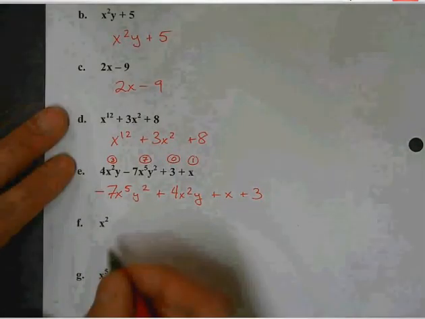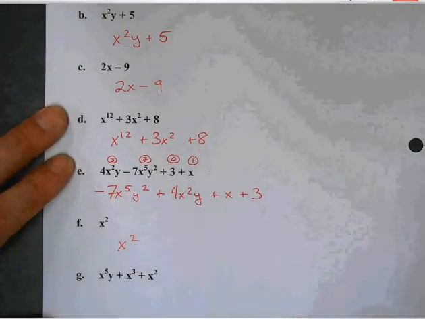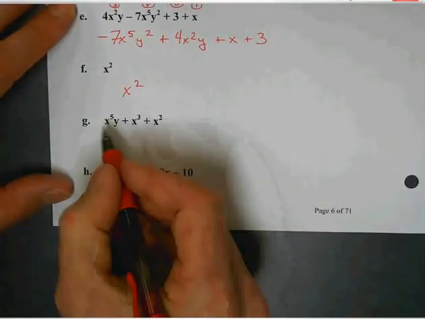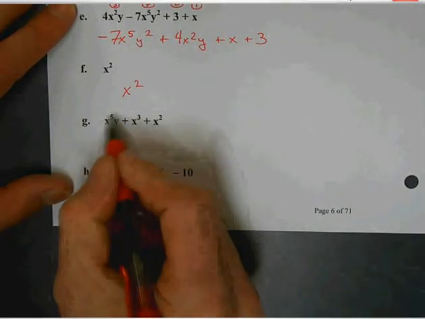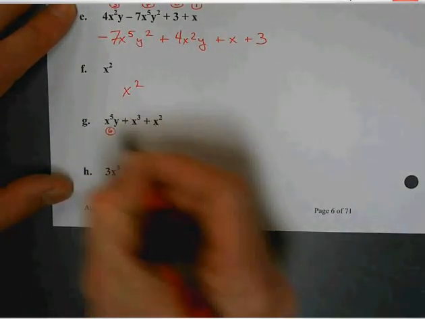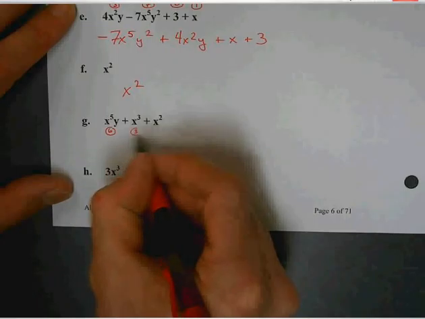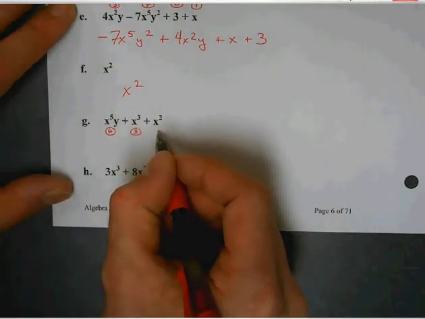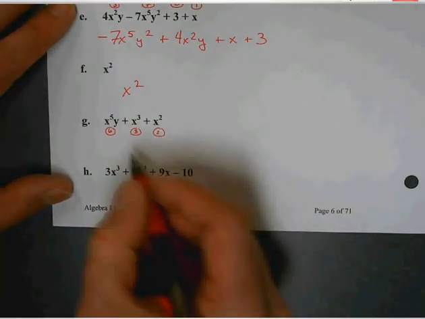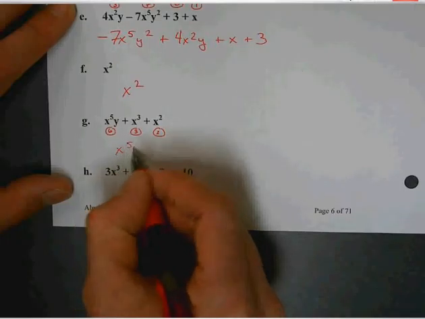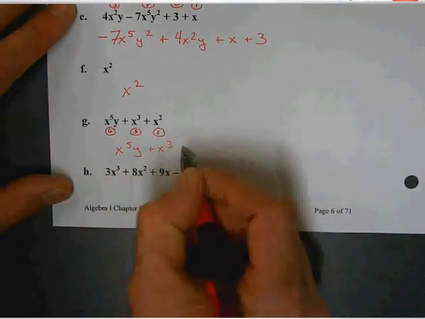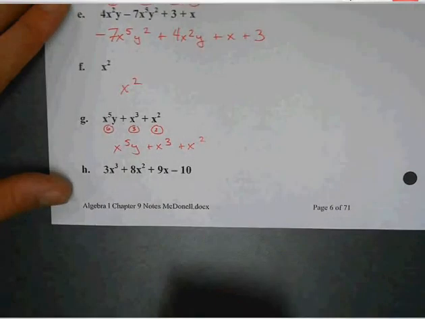All right, our next one. x squared, obviously it's just x squared. Going down. Degree of the first one is 6. Second one, 3. Third one, 2. So is that correct already? x to the 5th y, x cubed, x squared.